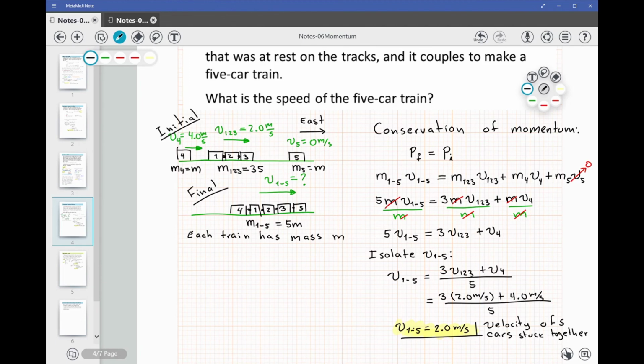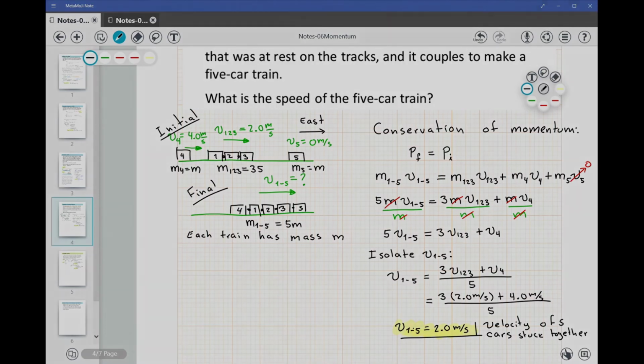All we want to do is identify the initial configuration of the system and the final configuration of the system, and apply conservation of momentum between those two different times. So you don't have to do intermediate steps to calculate the conditions after train 4 collided with trains 1, 2, and 3, and before those 4 trains together collided with train number 5.